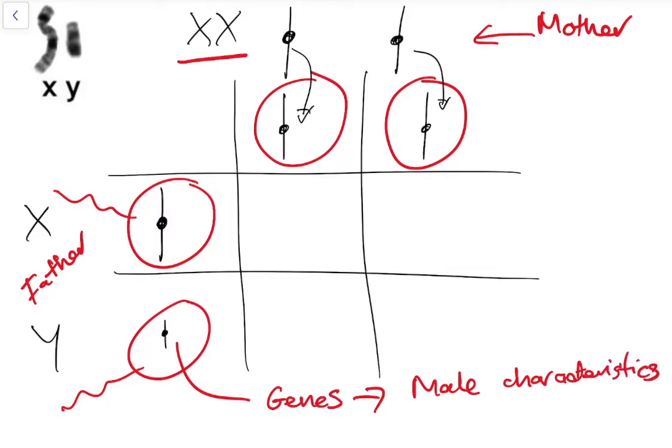And so if we look at the odds of getting offspring, if the male puts in an X chromosome, then we get two long X chromosomes, we get XX, and you get a baby girl. And so that's going to happen half the time.